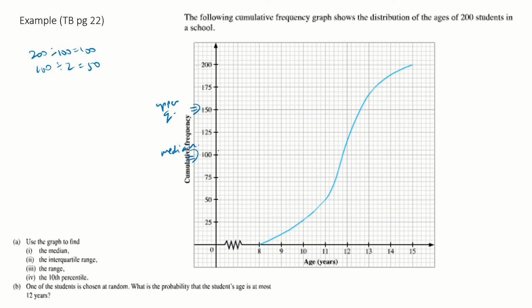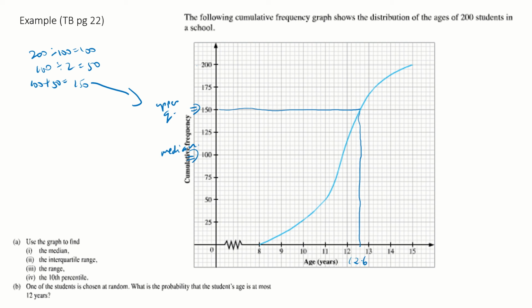So you take 100 plus 50. This will give you the upper quartile. Go down, you get this point, which is 12.2, 12.4, 12.6.